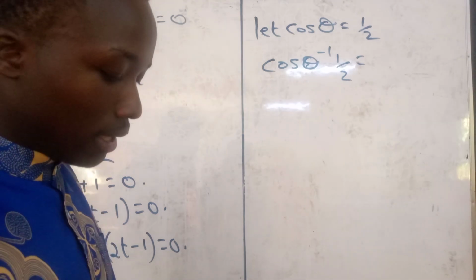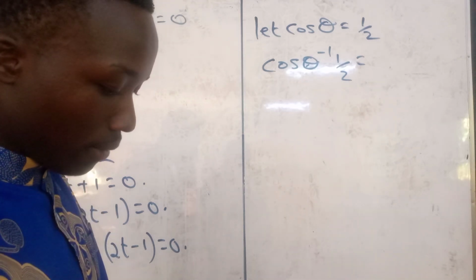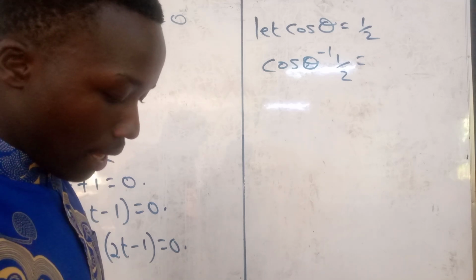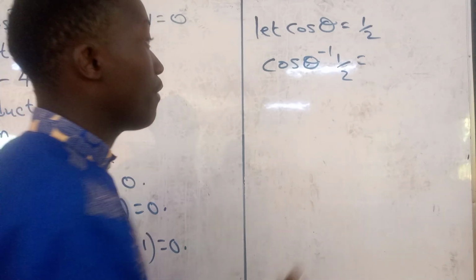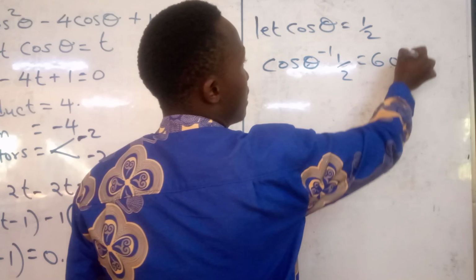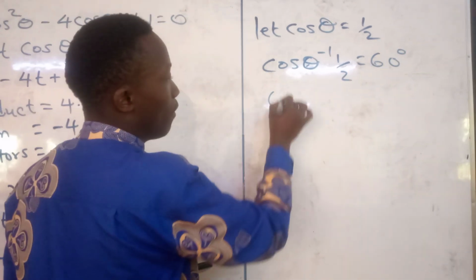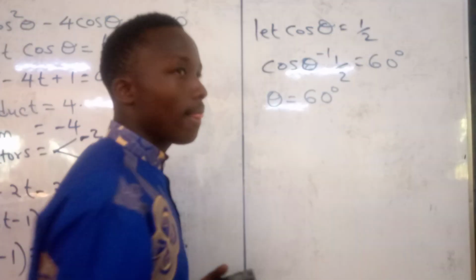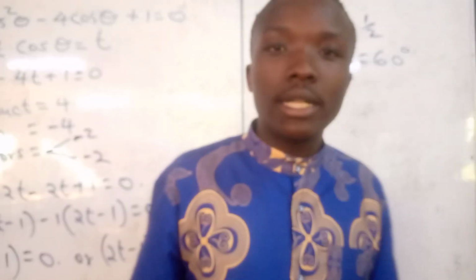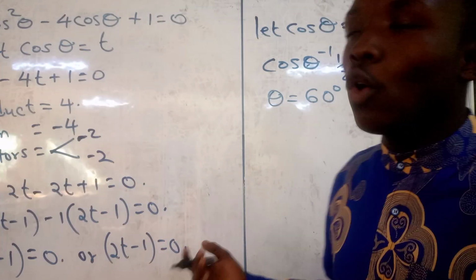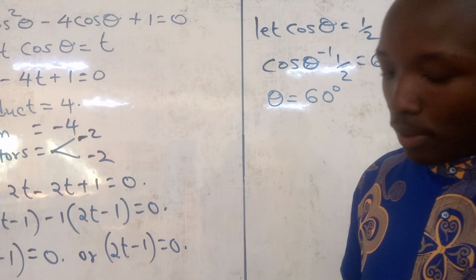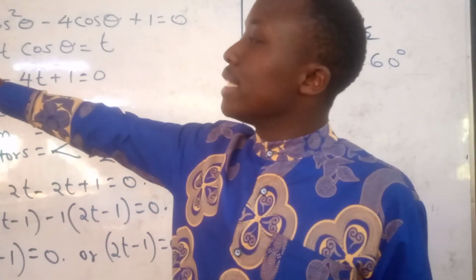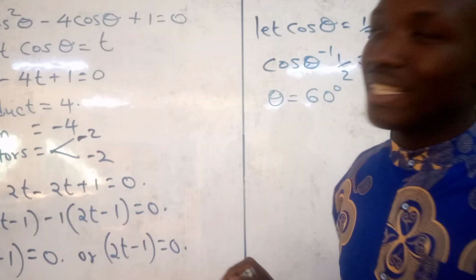By solving that using our electronic calculator, you are going to get the cosine inverse of a half is 60 degrees. Therefore, our theta is equal to 60 degrees. Having theta equal to 60 degrees, we cannot conclude we are done, because we were told to find the range of angles from 0 to 360 degrees.